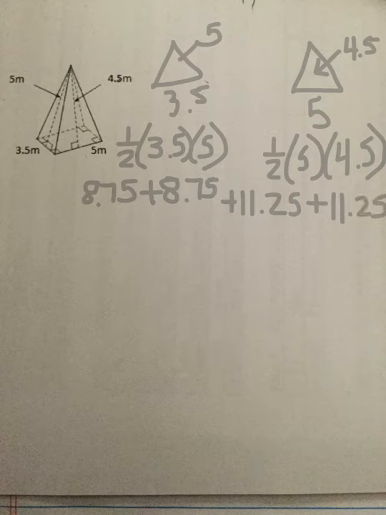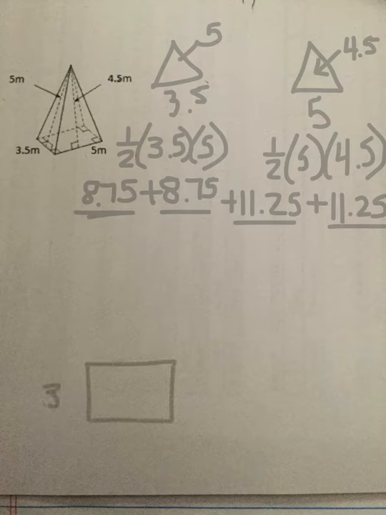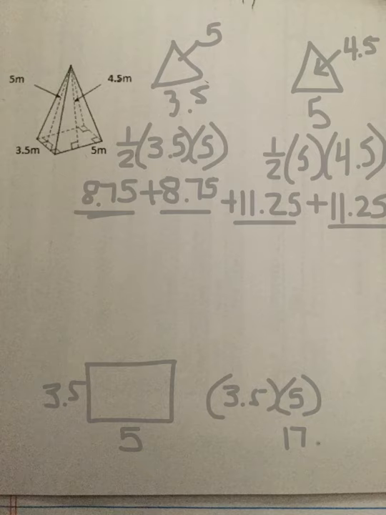So I've now accounted for the left, the right, the front, and the back, all 4 triangles. And then we have our rectangular base, which I'll draw down the bottom here, which is a 3.5 by 5 rectangle. And we said earlier, to find the area of a rectangle, you're just going to do the base times the height, or length times width, which is 17.5.